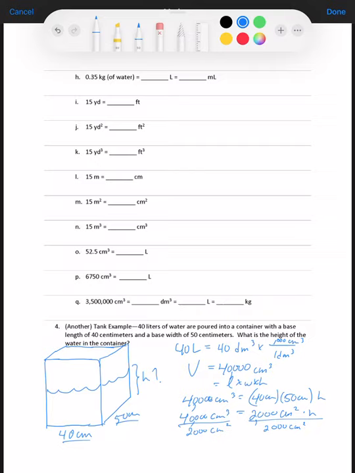The 2,000 centimeters squared will cancel here, so we have h is equal to 40,000 divided by 2,000, and we get a height of 20 centimeters. So our height is now equal to 20 centimeters. So that's where we can use the decimeters cubed and liters and centimeters cubed together to help us find these dimensions.